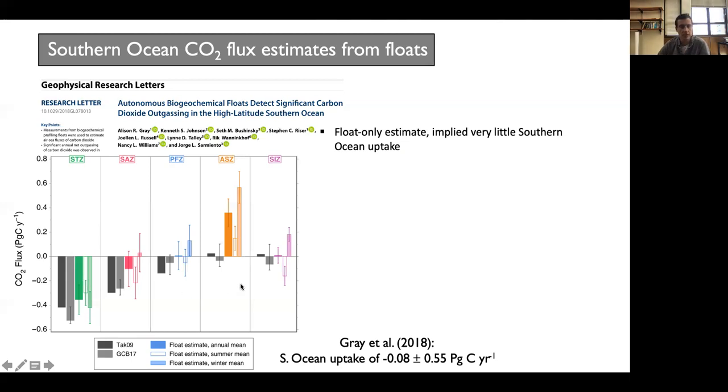And so the really significant difference that jumps out is this Antarctic southern zone, where the floats indicate strong outgassing. That's primarily due to this very strong wintertime outgassing, that's really not seen in the Takahashi or global carbon budget data sets.